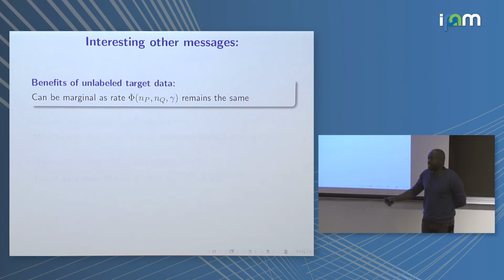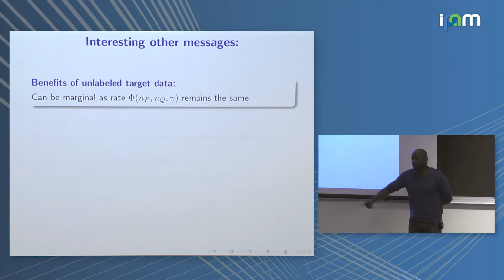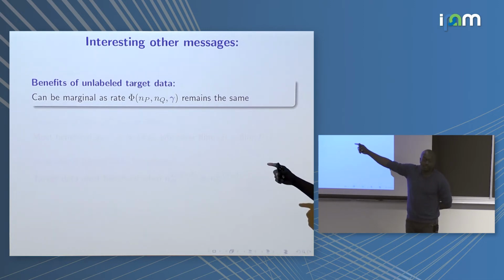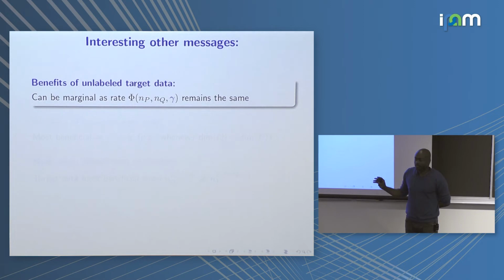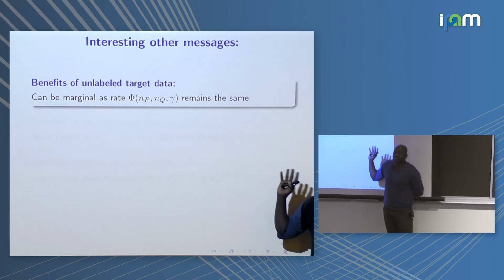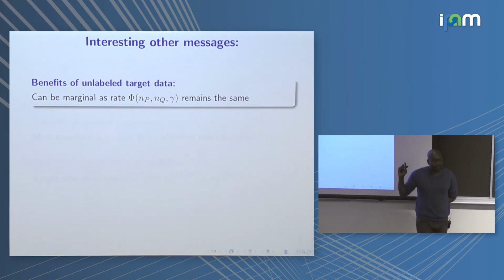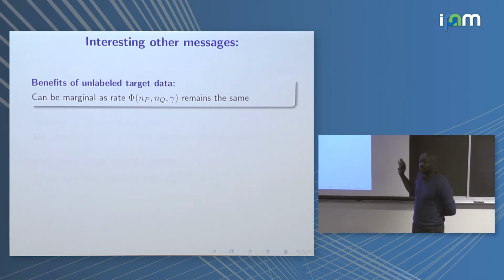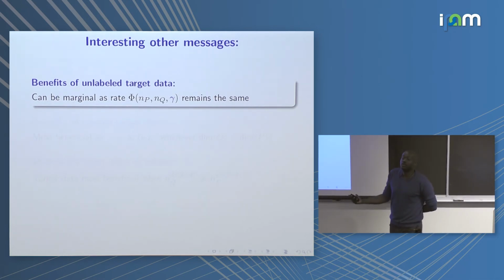What that means is that even if the classifier knows Px and Qx, so essentially can sample an infinite number of unlabeled data, the rate does not change. Okay, the limit does not change. So there are always distributions under which your unlabeled target data does not help at all in transfer, which was quite interesting to us because people expect that it should always help to some extent.